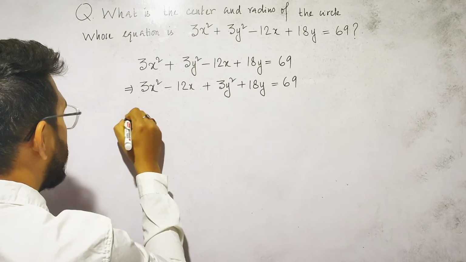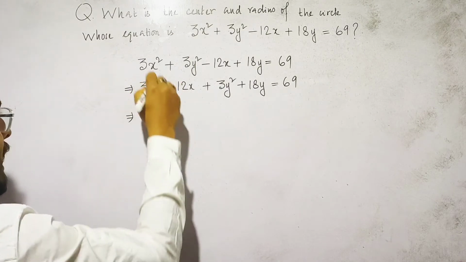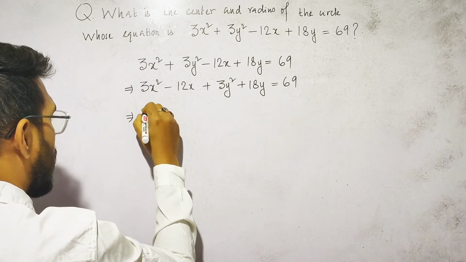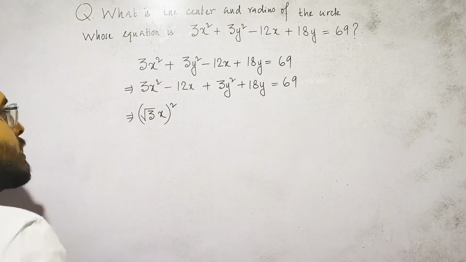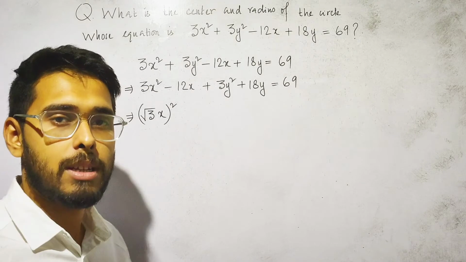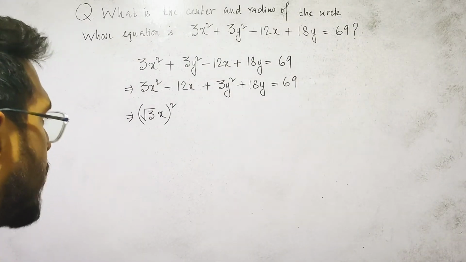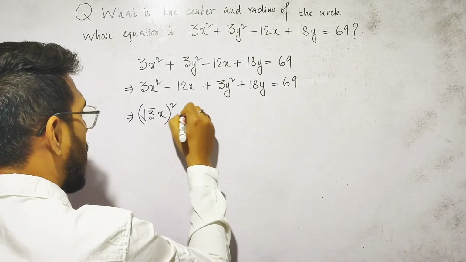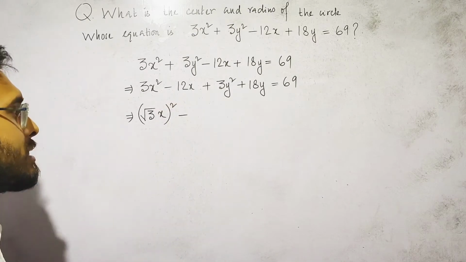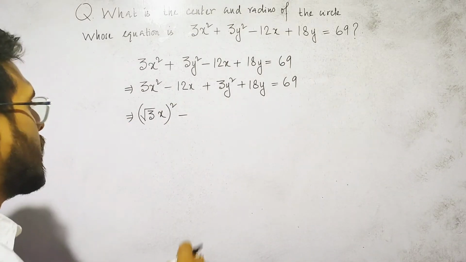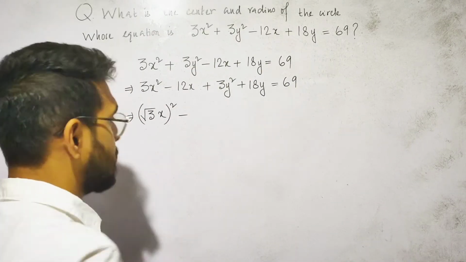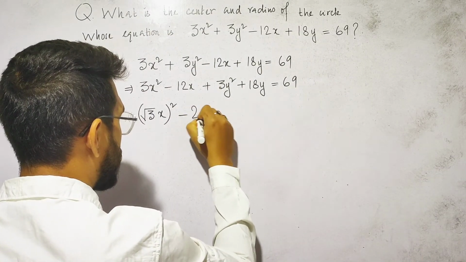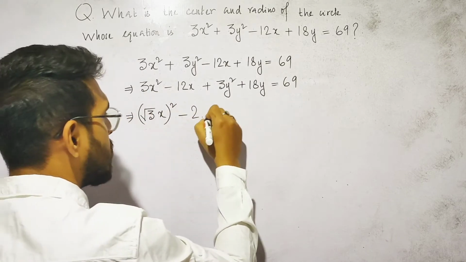Now see, you can do this. This 3x squared can be written as square root of 3x whole square, right? Now if I consider this to be a square, let me try to figure out this 12x in the form of 2ab. So 2 times a, which we have considered.